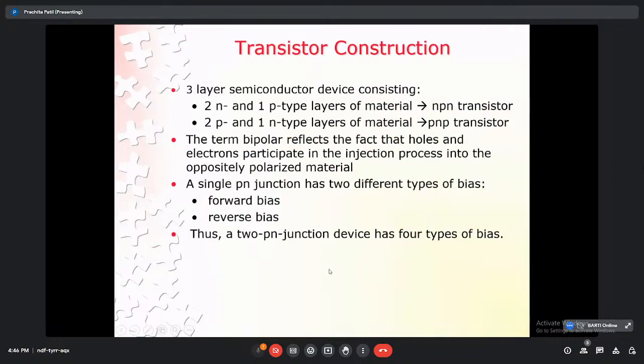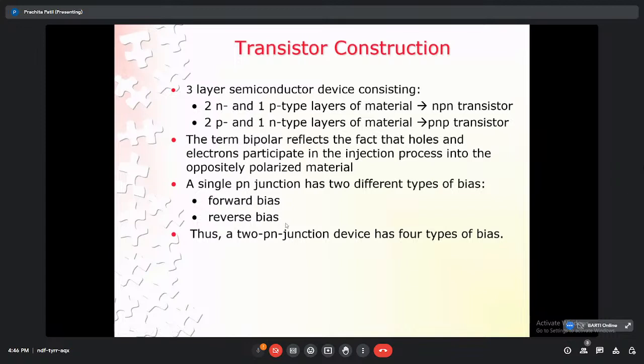Thus a two PN junction device has four types of biases. What does it mean? As I have just shared, for normal operation, the emitter to base junction is forward biased and the base to collector junction is reverse biased.